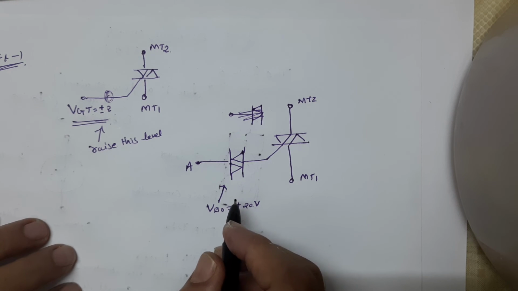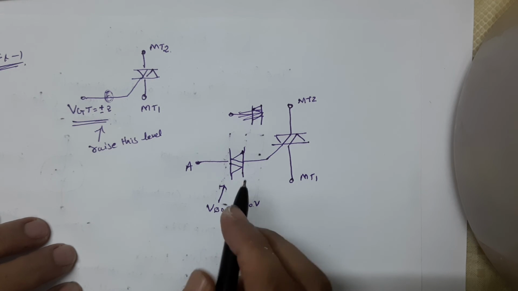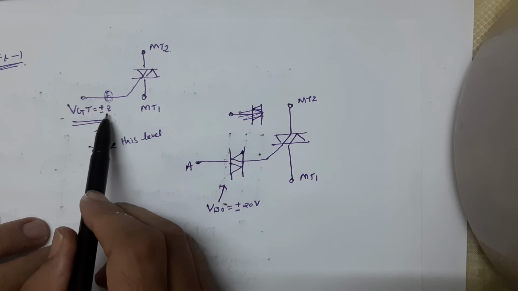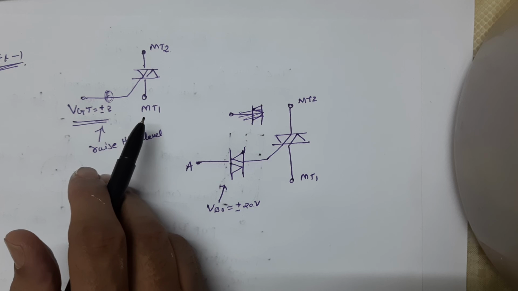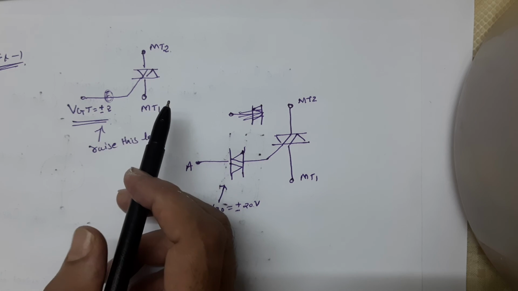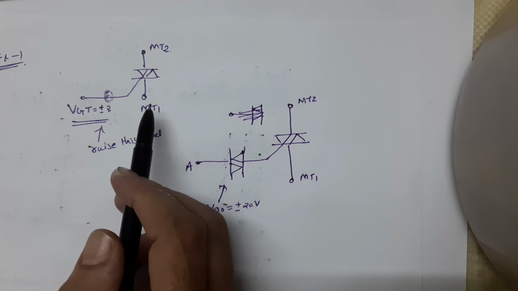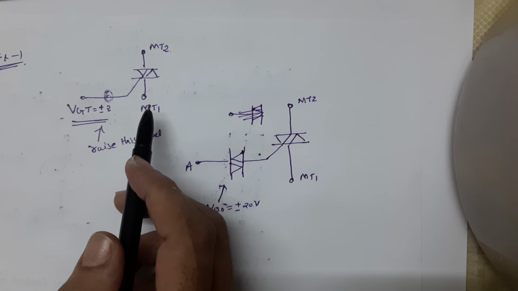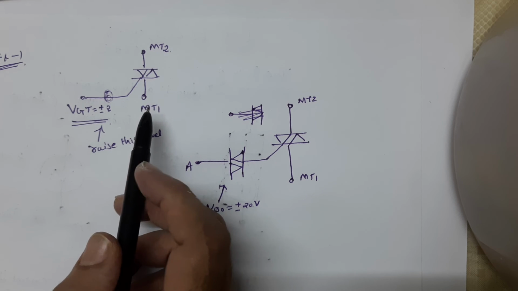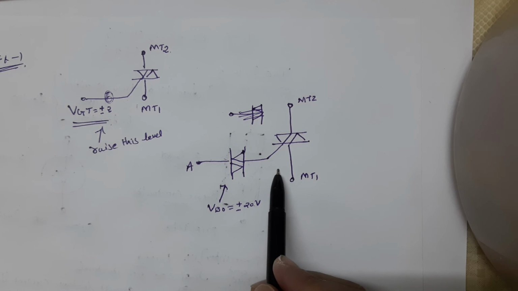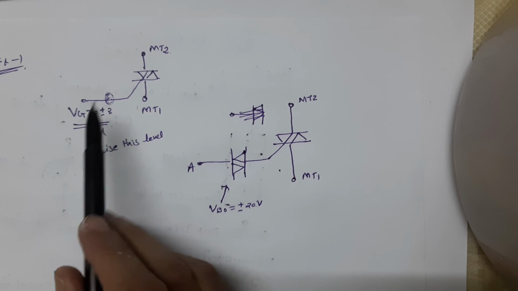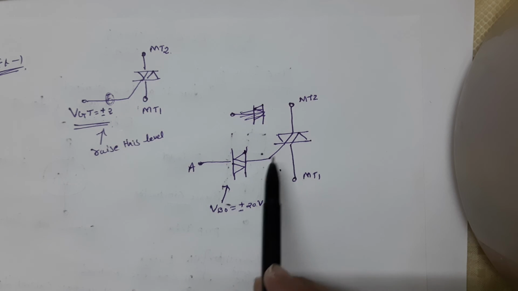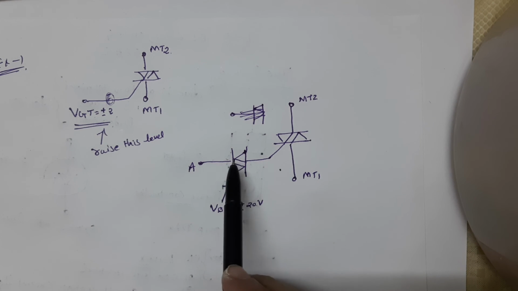Solution. The rated value of VGT for triacs is generally low. See here, VGT is equal to plus or minus 2. For example, for the triac shown in the figure, VGT is equal to plus or minus 2. However, we can raise the triggering level of the triac by using a diac. The circuit is now changed in this form. We have to connect this diac here.